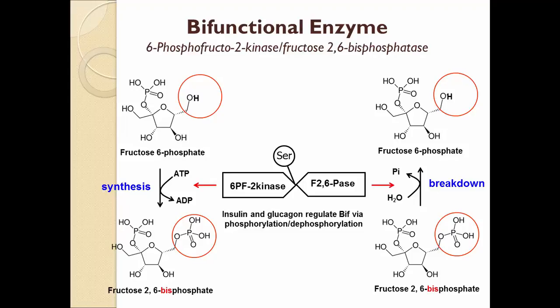So if this enzyme activity increases, you expect high levels of fructose 2,6-bisphosphate. And the other activity, fructose 2,6-bisphosphatase, breaks down this key substrate, so it reduces the levels of fructose 2,6-bisphosphate.